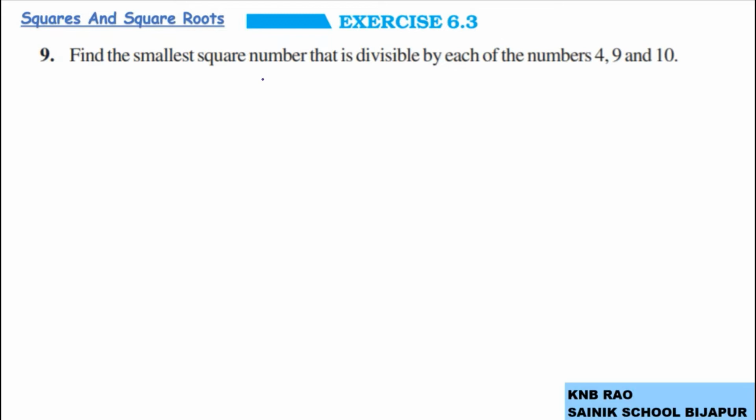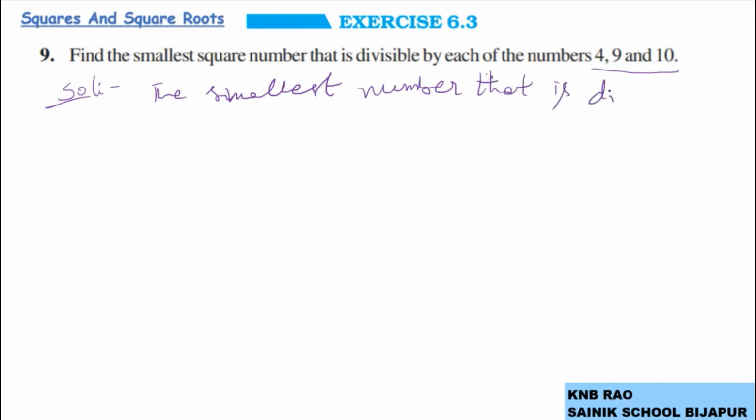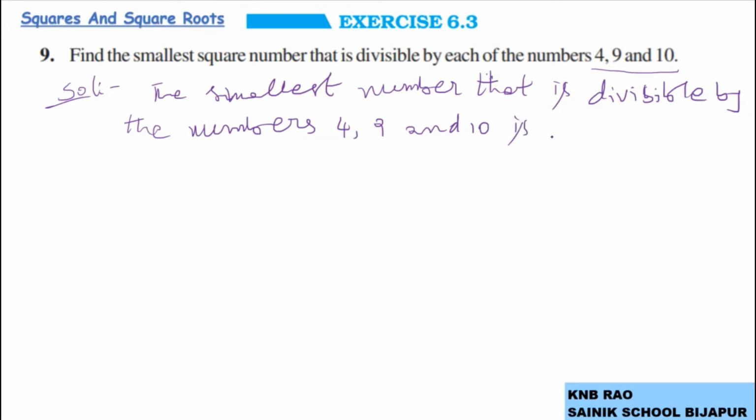So if you want to find the smallest number that is divisible by 4, 9 and 10, it is their LCM, the least common multiple of 4, 9 and 10, which is divisible by them.